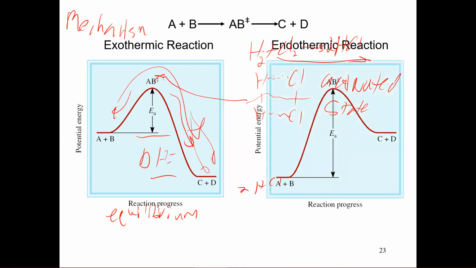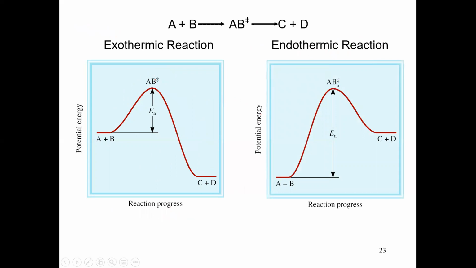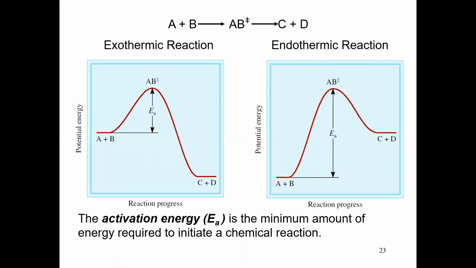With an endothermic reaction, you have the activated state also like this. This is the activated state with an endothermic reaction, and then it goes off to form the product. Essentially, energy is absorbed, and the activation energy is the minimum amount of energy required to initiate it.